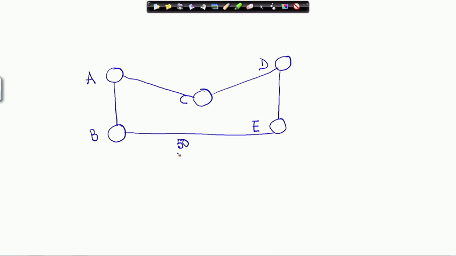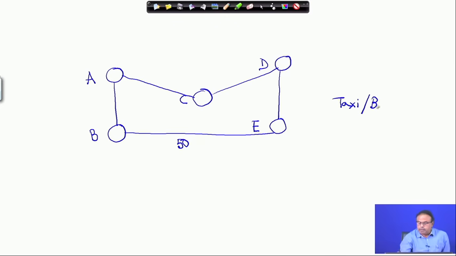Say for taxi, first I put the taxi thing first, then I put the cost by bus, and then I put the cost by train. Now, suppose from B to E I can go by bus, taxi and train. So, suppose by bus it is 10 rupees and train it is 20 rupees.